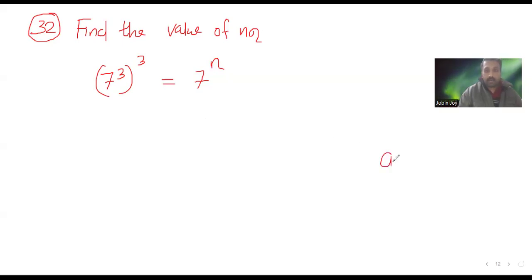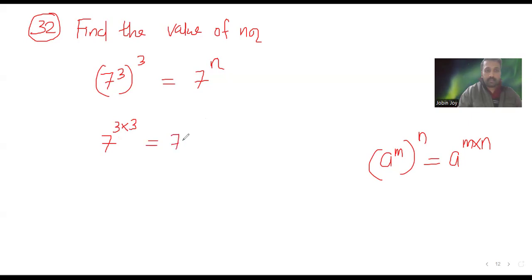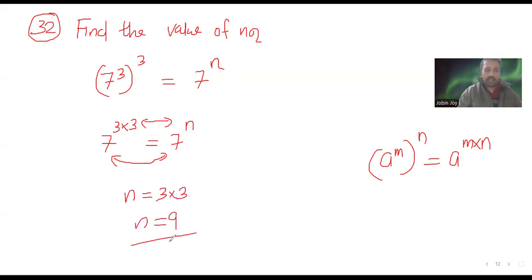We will apply the law a raised to m, the whole raised to n equals a raised to m into n. So here 7 raised to 3 into 3 equals 7 raised to n. The base is the same, so I can equate the power. So n equals 3 into 3, so the final answer is n equals 9.